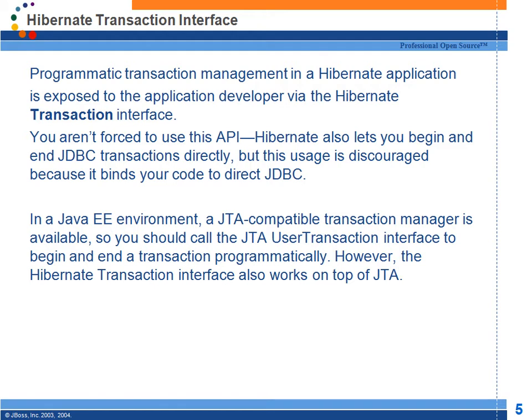Programmatic transaction management in a Hibernate application is exposed to the application developer via the Hibernate Transaction interface. We have an interface called org.hibernate.Transaction which we are already using. session.beginTransaction was given there, right? So we use this interface to start the transaction. But we are not forced to use this interface for starting a transaction.